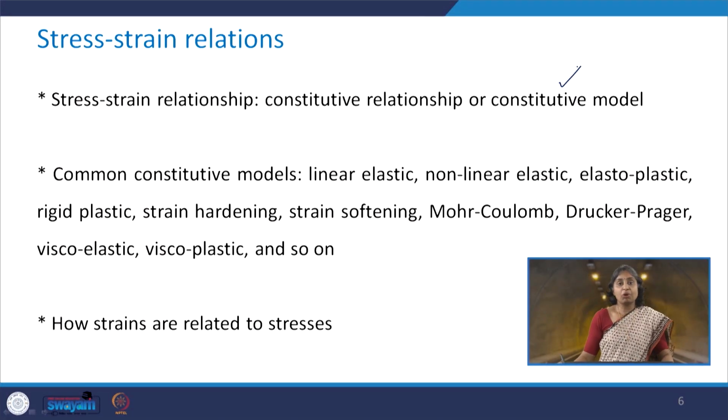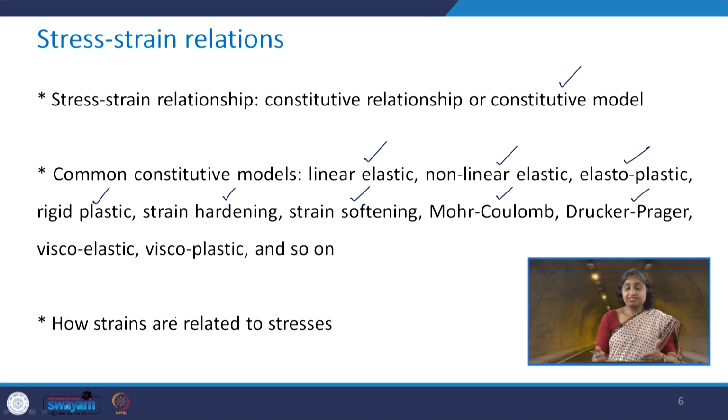Common constitutive models which are used include linear elastic, non-linear elastic, elastoplastic, rigid plastic, strain hardening as well as strain softening, then Mohr-Coulomb, Drucker-Prager, then viscoelastic, viscoplastic, and the list is long. Basically these constitutive relationships tell us how these strains are related to stresses.